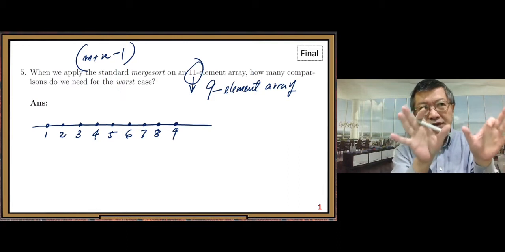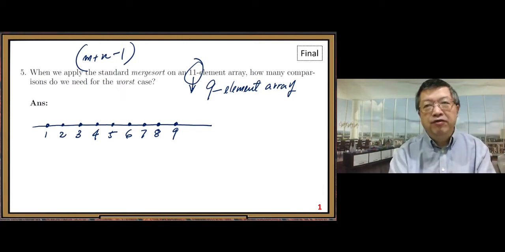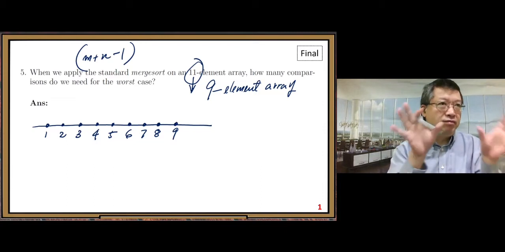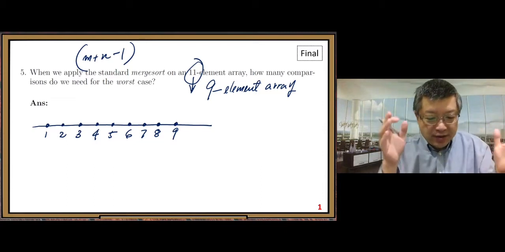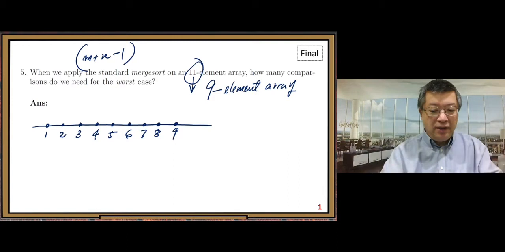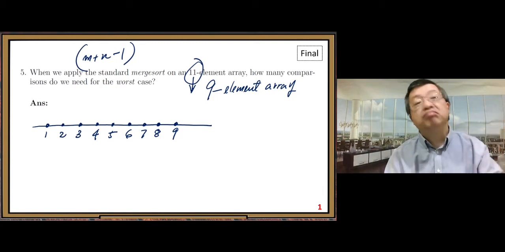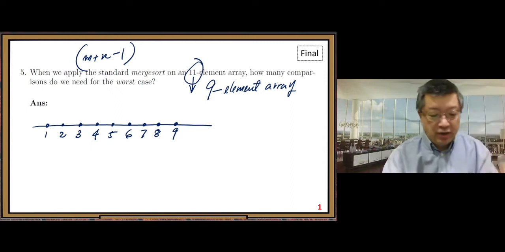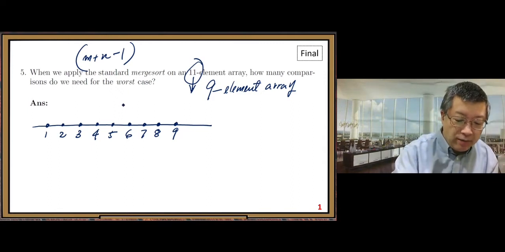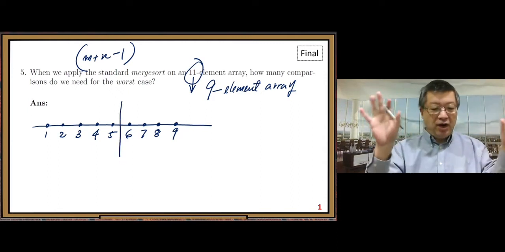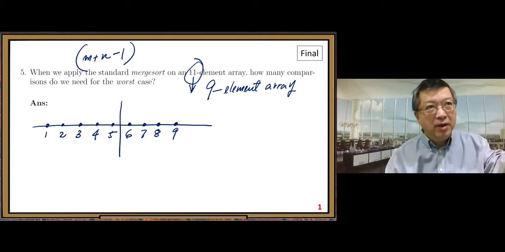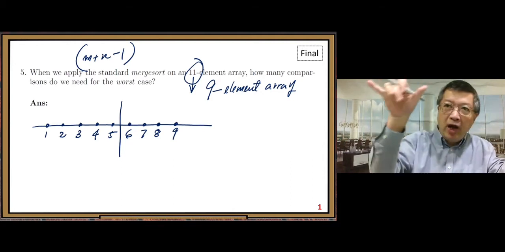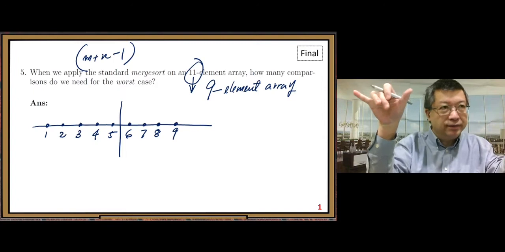If an even number of elements, 0, the same size. So let's do it. Here, that's 9 elements, an odd number, so split in the middle. The first split gives a 5 element first subarray and a 4 element second subarray.